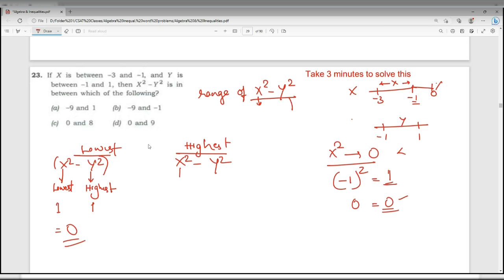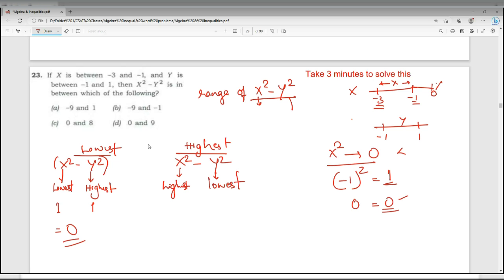To make it highest, x square has to be highest and y square has to be the lowest. x square is highest when x is at its extreme, which here is -3.